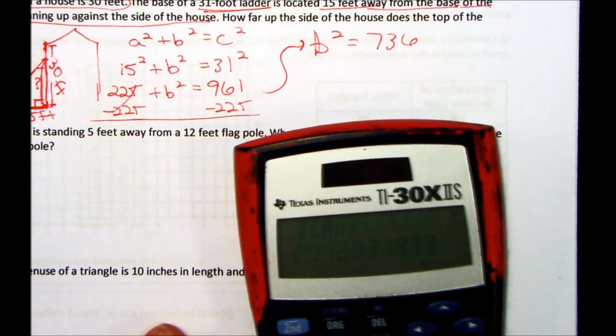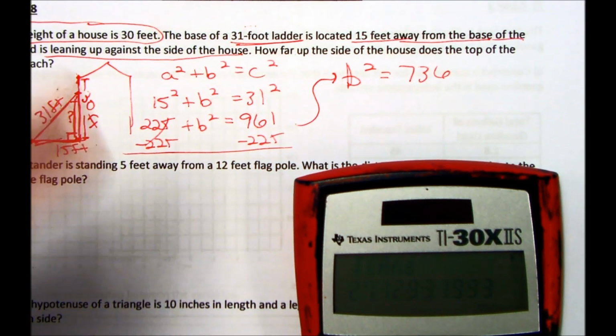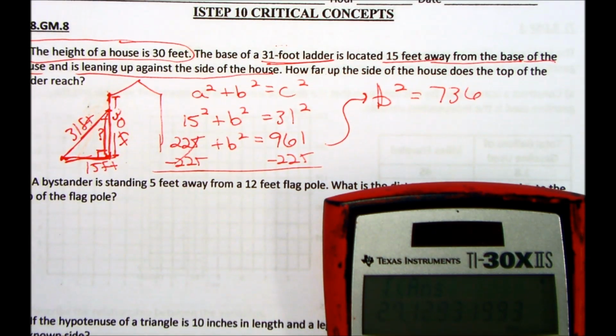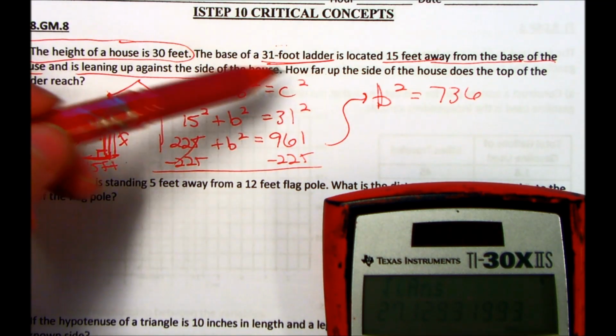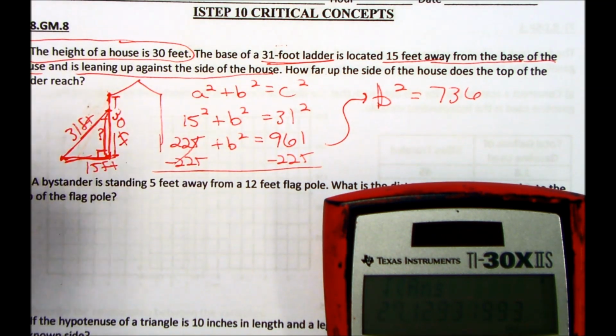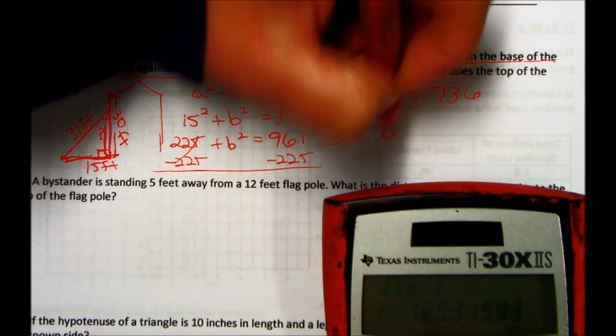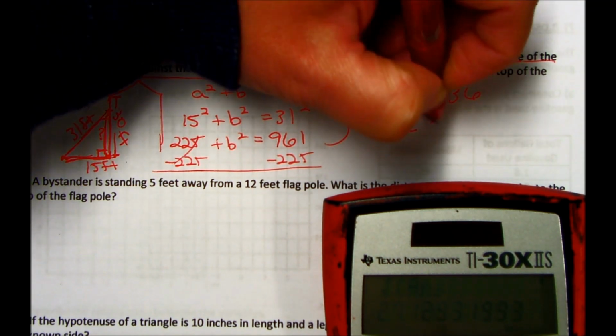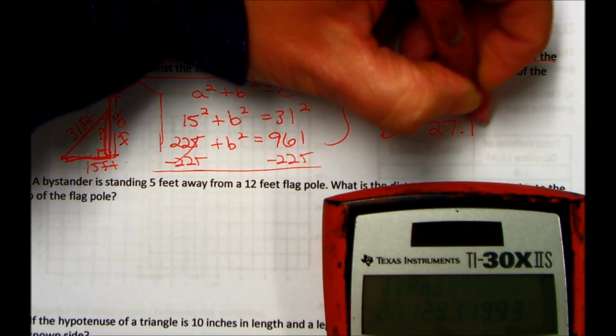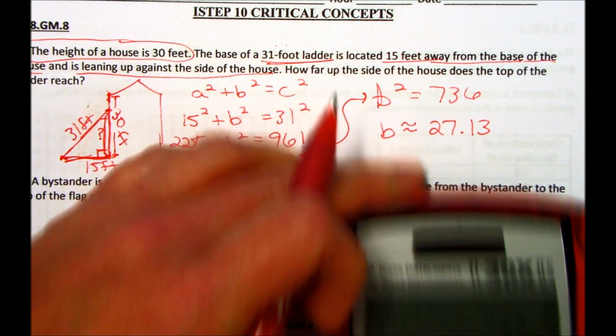A problem like this, they would probably tell you to round to a certain place value, or to leave it in radical form. But I'm guessing that we would round this decimal. So I would say approximately 27.13 if I round to the hundredths place.